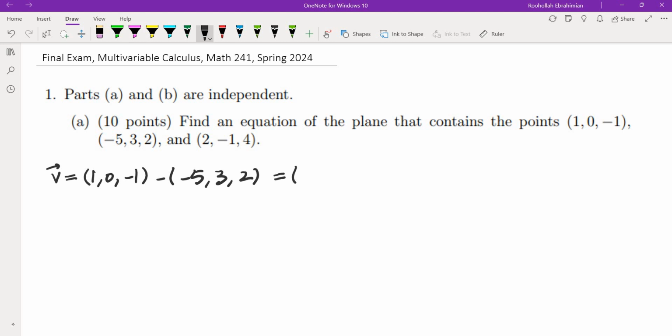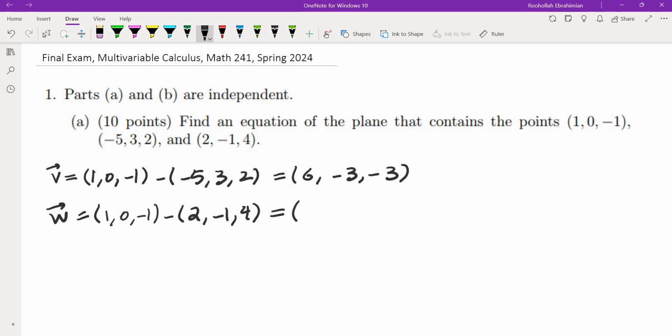That would be a vector on the plane, which gives us (6, -3, -3). Then the second vector would be the difference of two others, (0, 1, 1) minus (2, -1, 4). When we take the difference of these two, we get (-1, 1, -5).